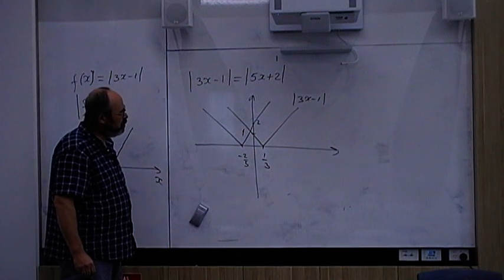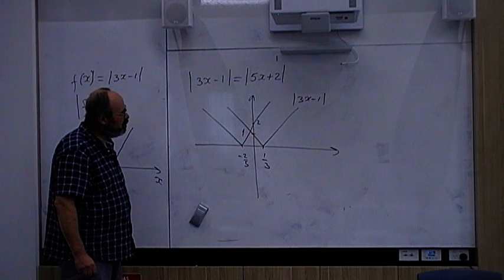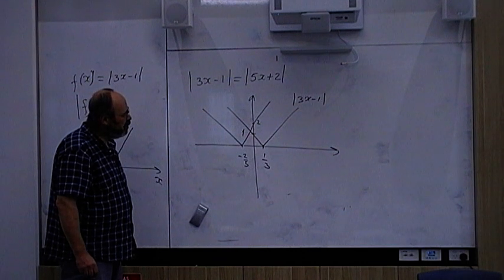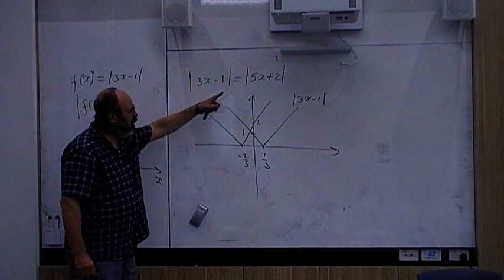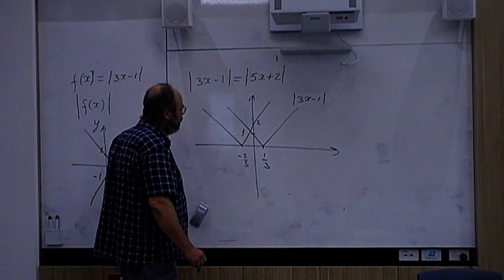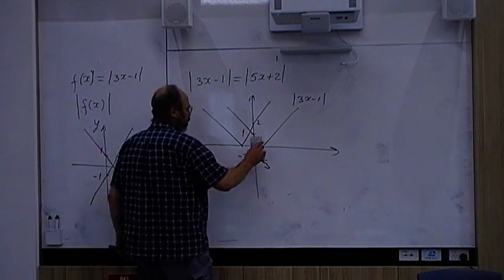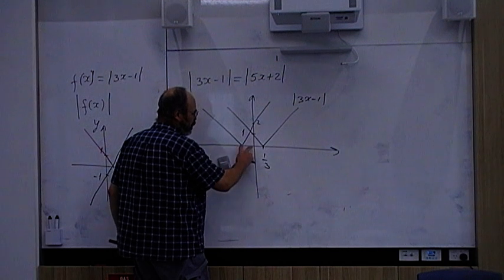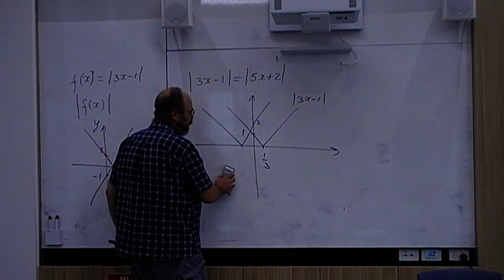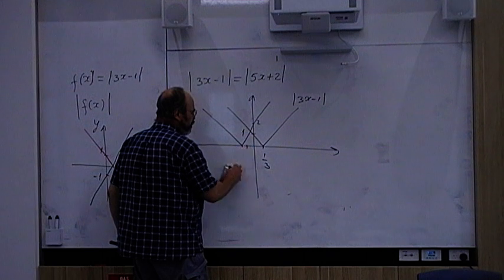I probably did one thing wrong: I made the same gradient, which is not good. This graph has a steeper gradient, so this one should be a little bit more here.